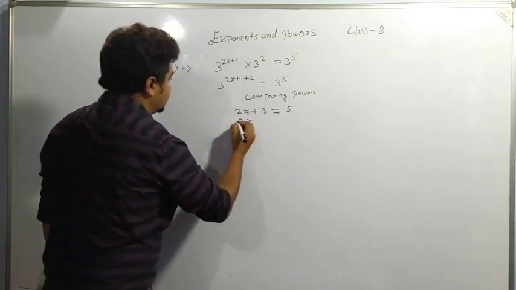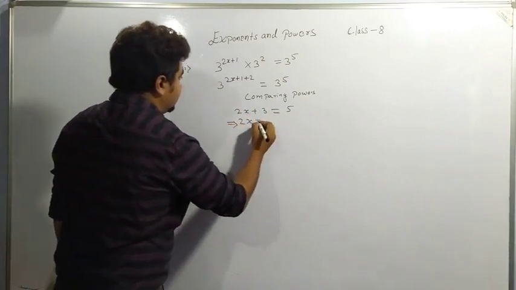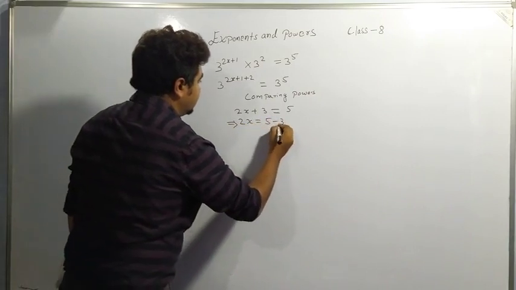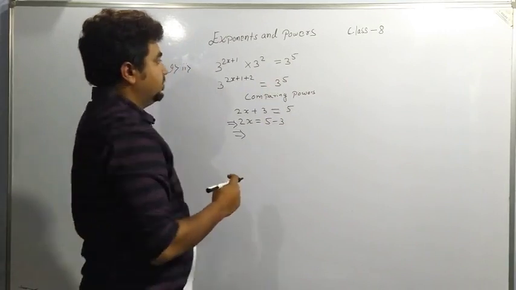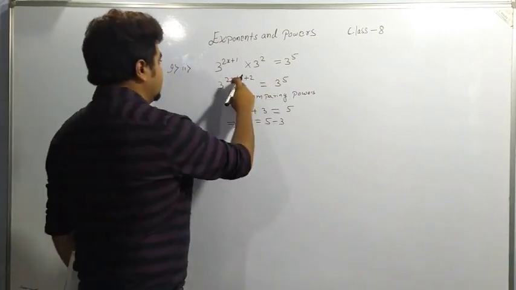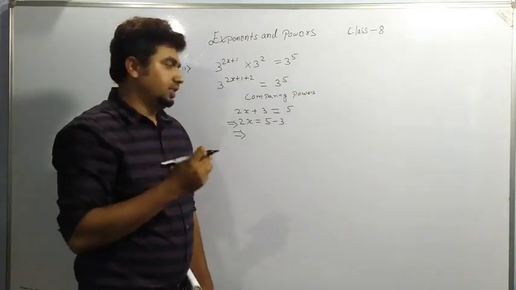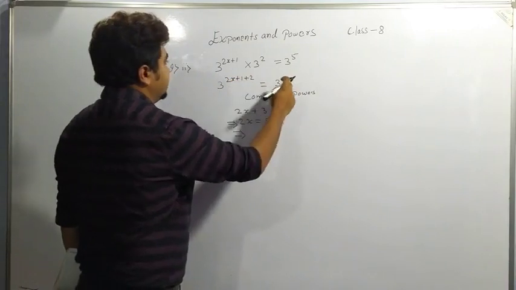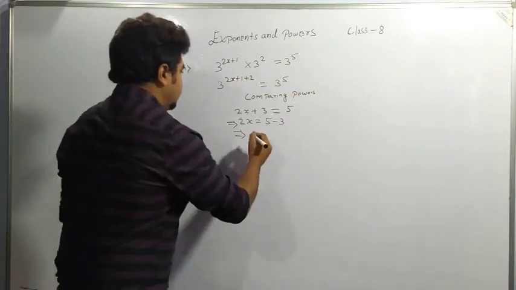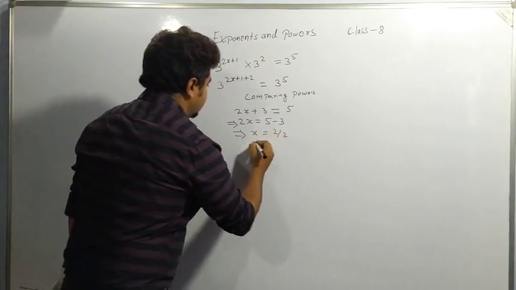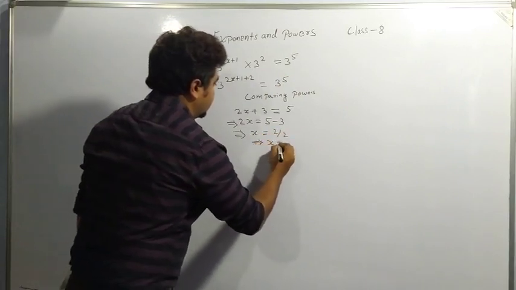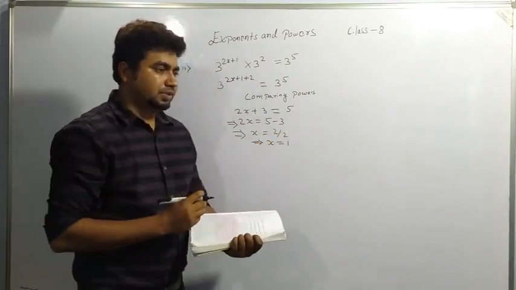So 2x is equal to 5 minus 3. As we are able to see, comparing base is same, means we'll be comparing the power. So power is basically 2x plus 3 is equal to 5. So x will be equal to 2 by 2, which is equal to, x is equal to 1. So we have got the value of x is equal to 1.